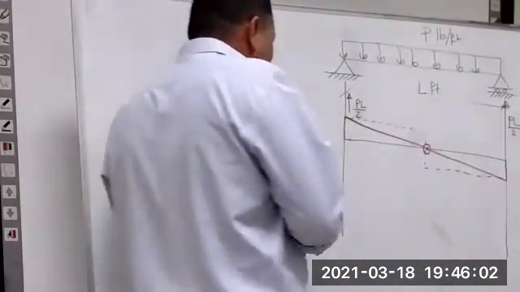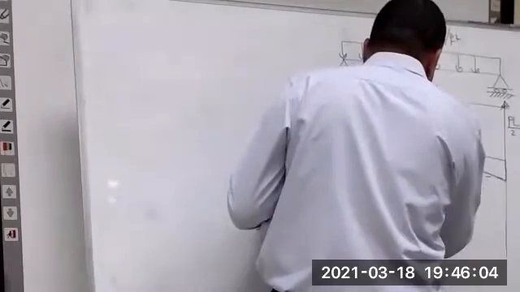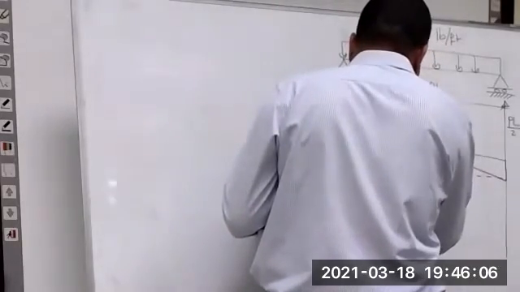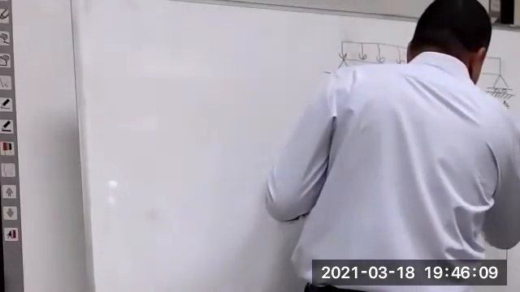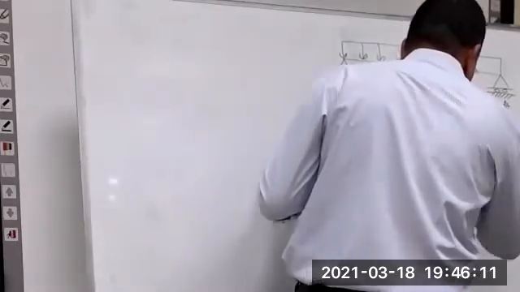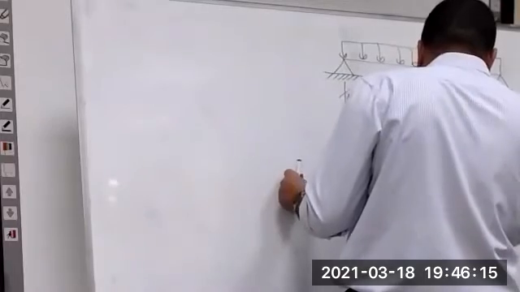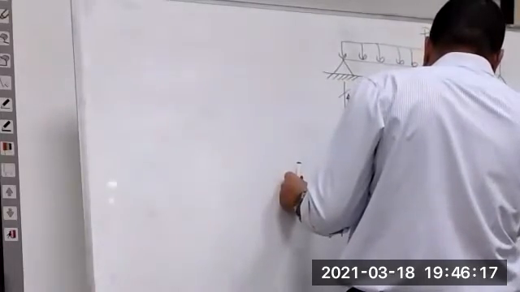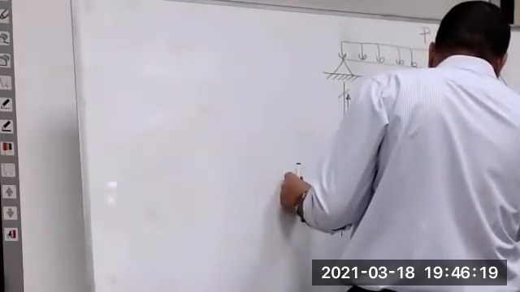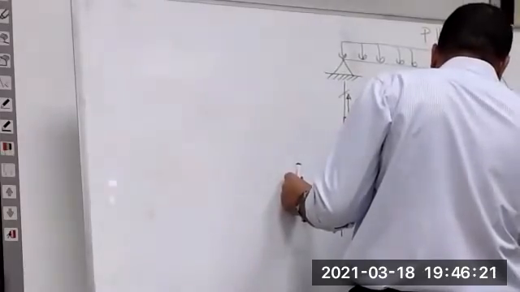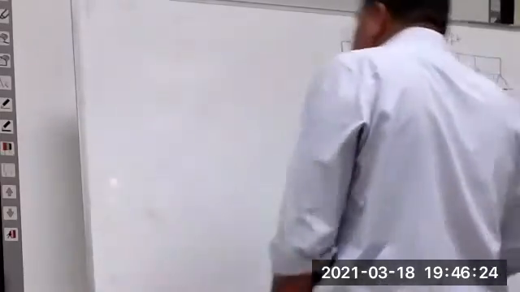So now our shear force diagram will be positive, negative, with a zero shear point. What does it mean?